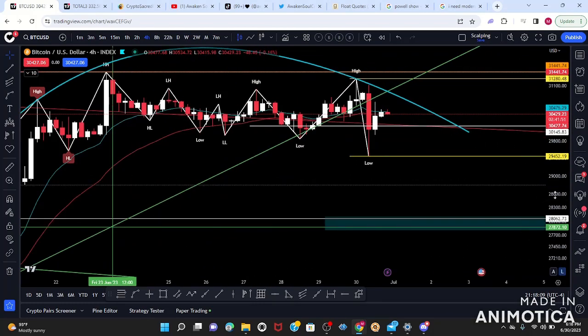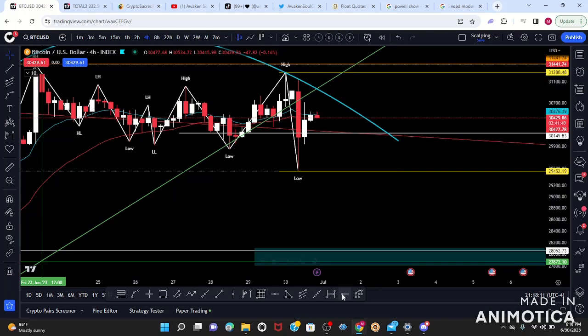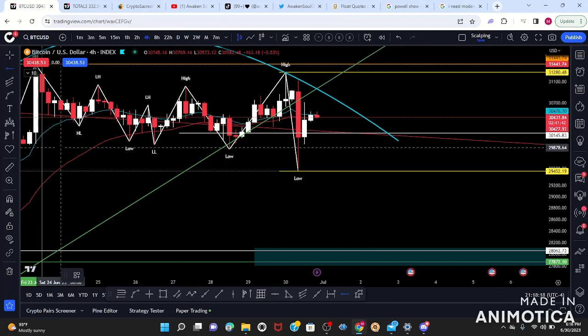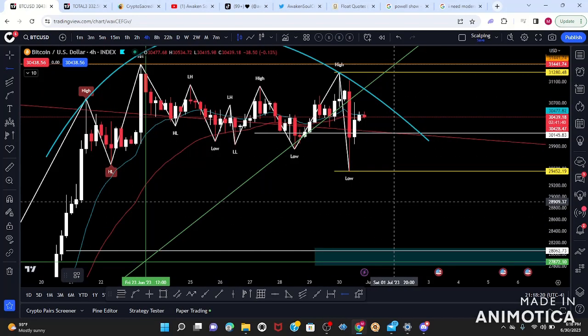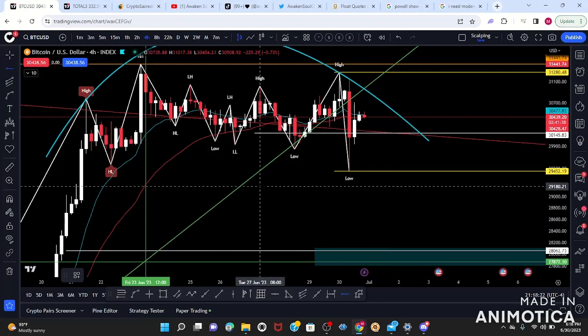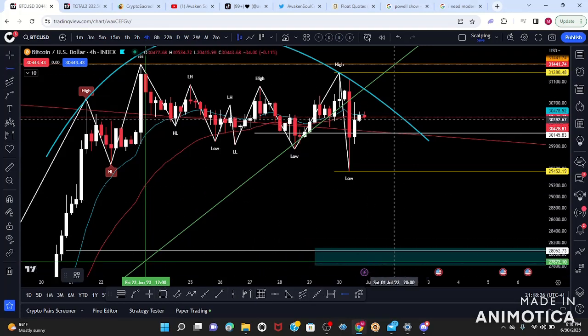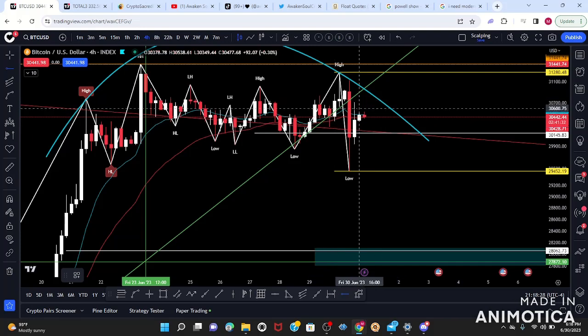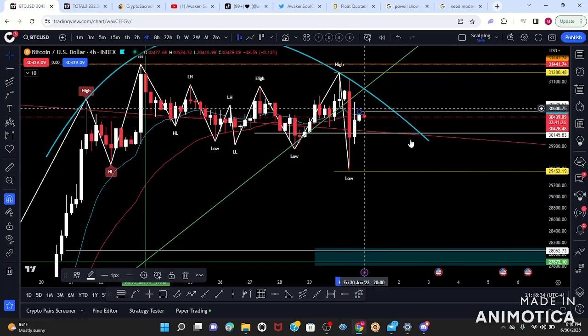And in the 4-hour, what do I want to see? I want to mark my range too. This was my high. It is the weekend, it is Friday, so keep in mind that the markets are closed. 4th of July is Tuesday. A lot of the big money market makers are taking their 4-week vacation, so we might not see a lot of movement, or we might.